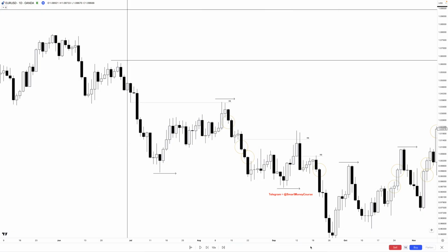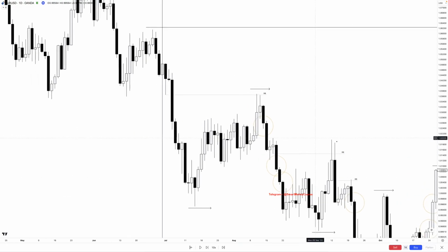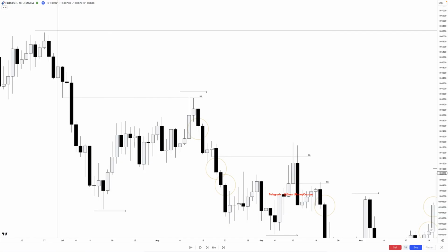Let me just zoom in a little bit. So we see this big bearish daily candle. It closes. The next day, we see price push up. It rebalances. So this would be like a 4 hour retracement. And then we see a continuation.